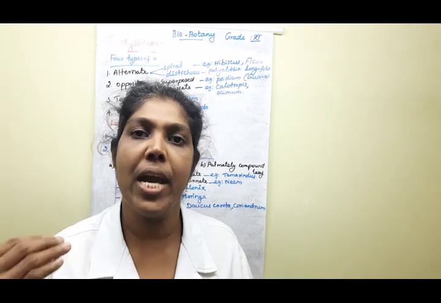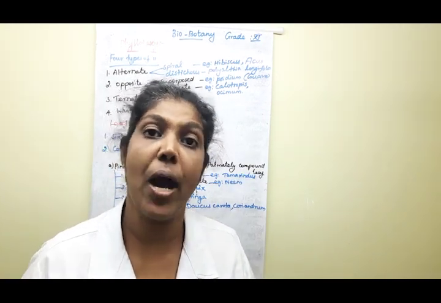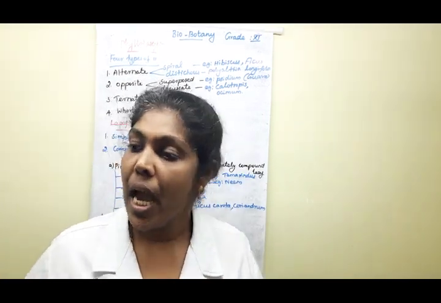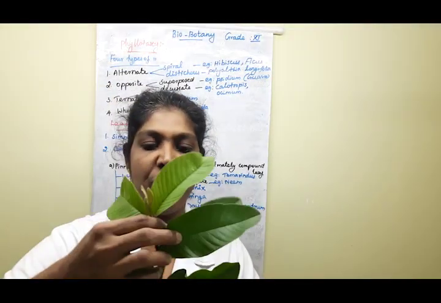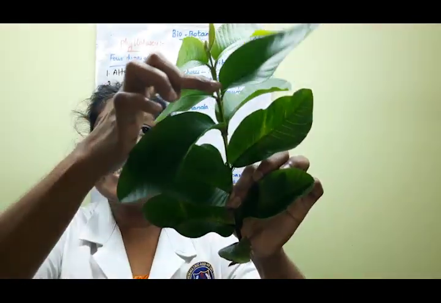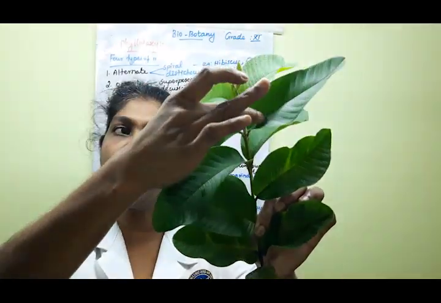The second one we are moving into is opposite phyllotaxy. Opposite phyllotaxy means, all of you listen, look at this specimen, children. At each nodal region two leaves arise, and those two leaves go in an opposite manner. Understood?